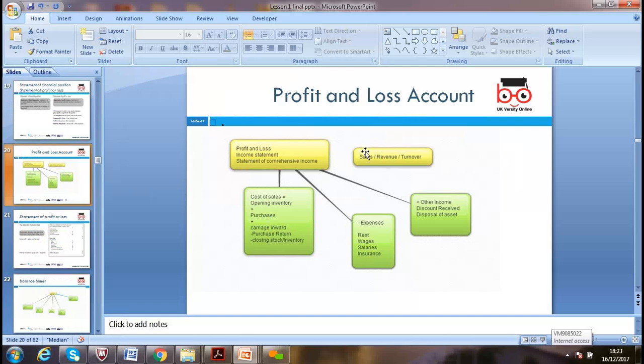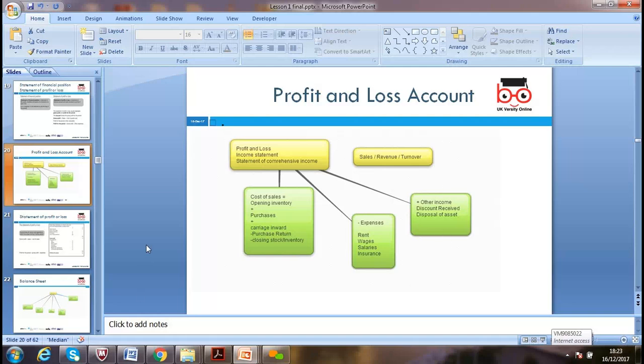We can prepare the profit and loss account like this. We always have sales revenue first, or turnover, revenue and sales are the same thing. Then we calculate the cost of sales, how much it cost us, and then we take out all the expenses. If we have other income, like spare money we put in a bank account and the bank gives us interest, it is called other income, because that's not our normal business.